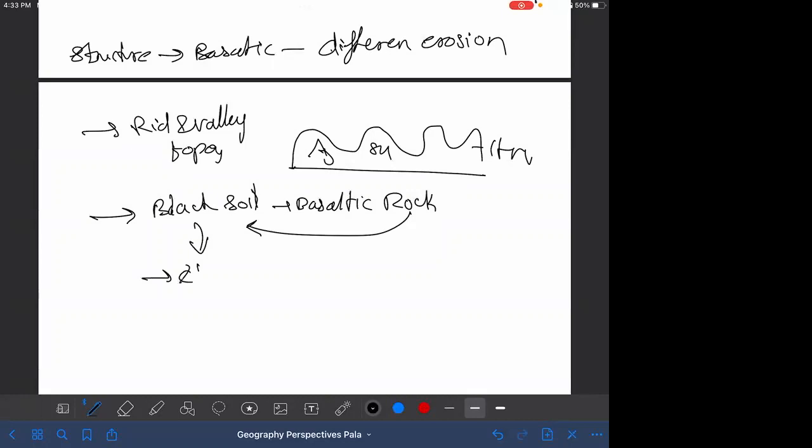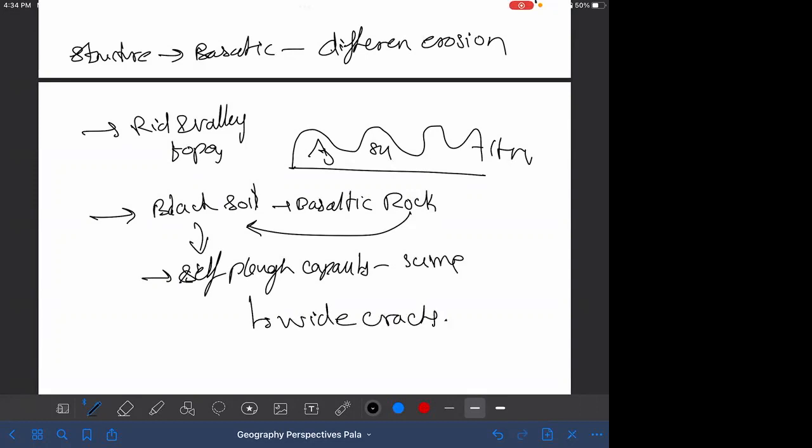self plowing capacity in summer by the creation of wide cracks. So it has high water holding capacity, and because of that, it holds a lot of water.